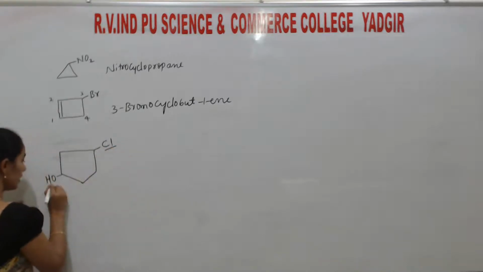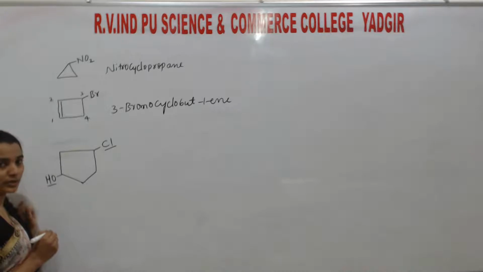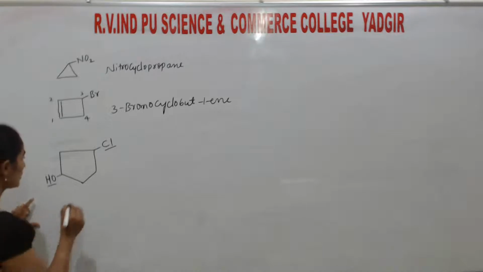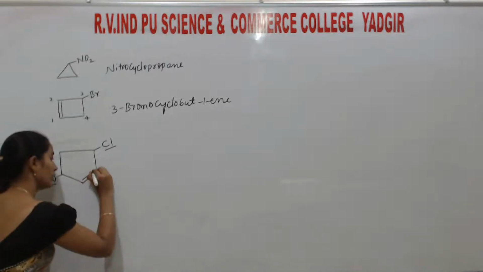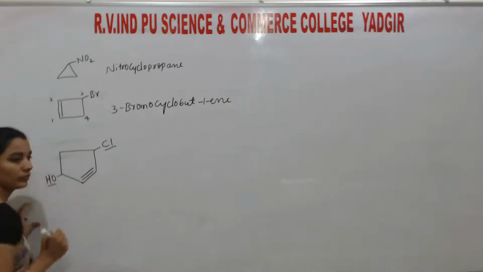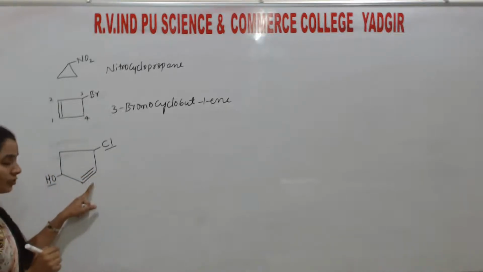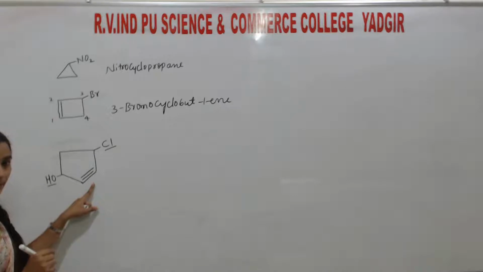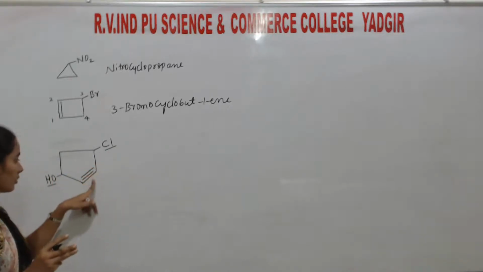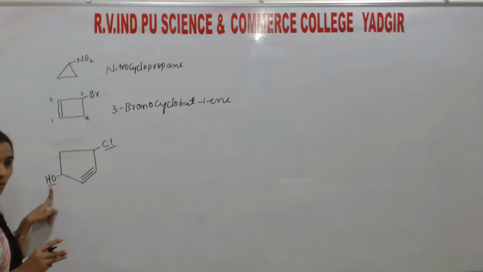One is here, another one is OH. If it is like this, students, then consider here triple bond also. 1, 2, 3, 4, 1, 2, 3, 4. Consider here triple bond. Okay, three functional groups are there.